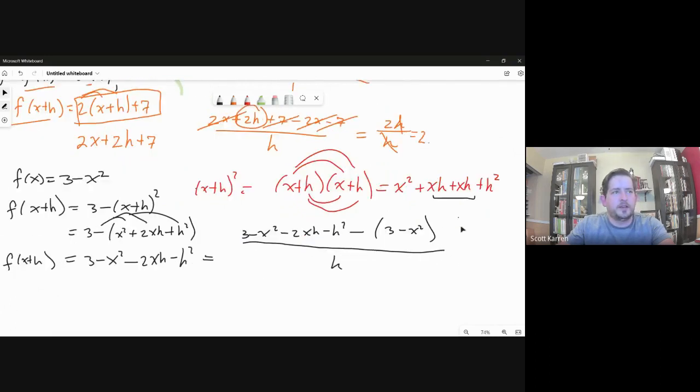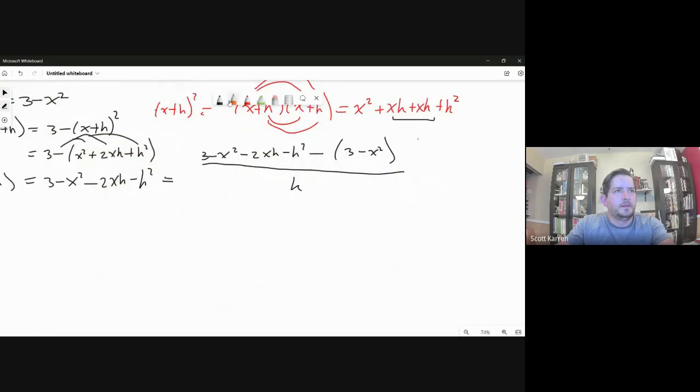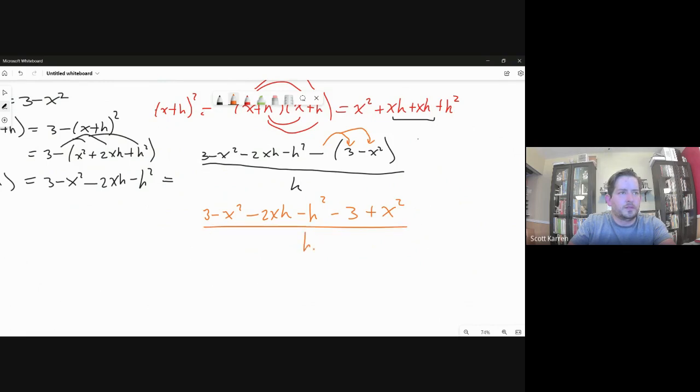And then I simplify. So I'll start by taking this negative and distributing it through. And I'll just rewrite everything. This is now 3 minus x squared minus 2xh minus h squared, and then minus 3, but then plus x squared all over h.